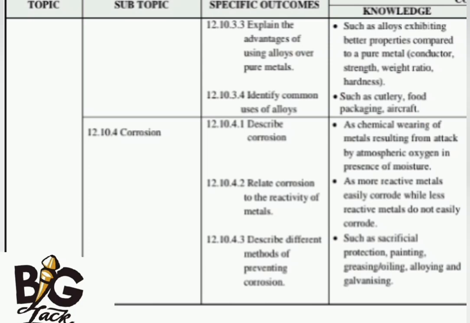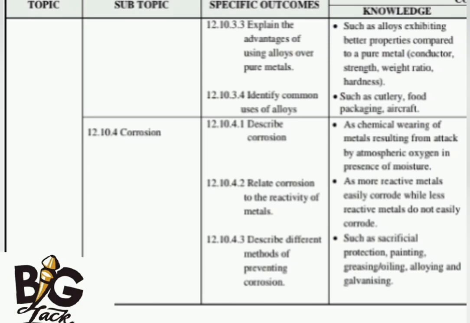Corrosion. So in this part here, you need also to describe the reactivity series of metals. You need also to describe the chemical properties of metals, the physical properties of metals, and also the diagrammatical representation of pure metals.